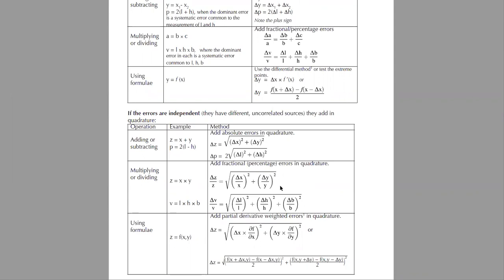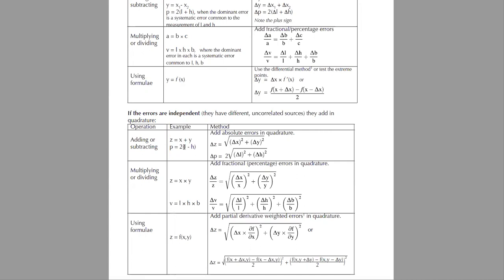Suppose some quantity has an error of plus minus 2 mm, and another quantity has an error of plus minus 4 mm. Then what will be the error if we add them, or subtract, or multiply or divide? For that we have a rule, so we'll see it.